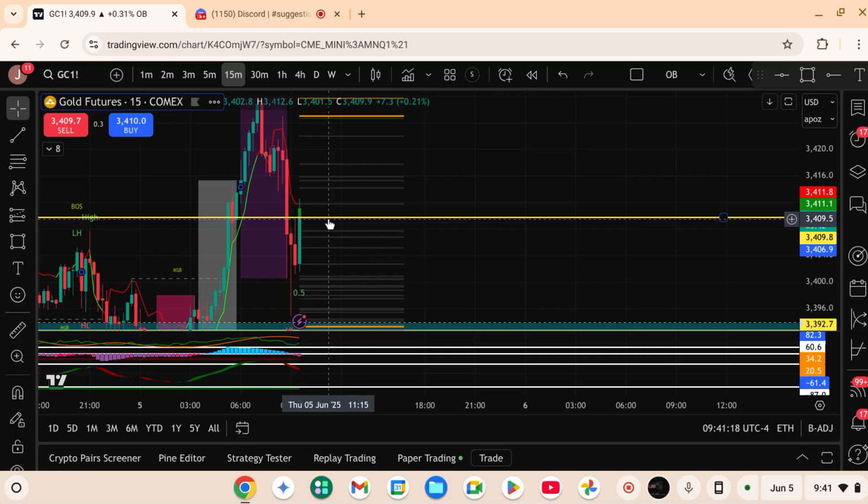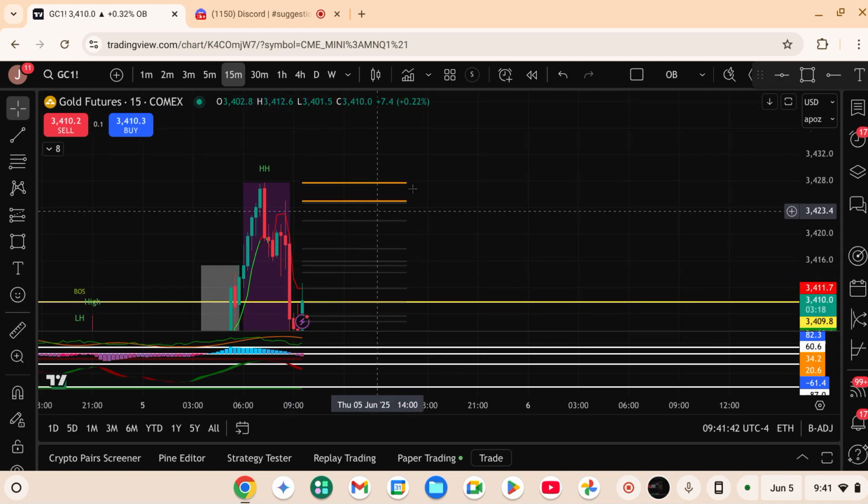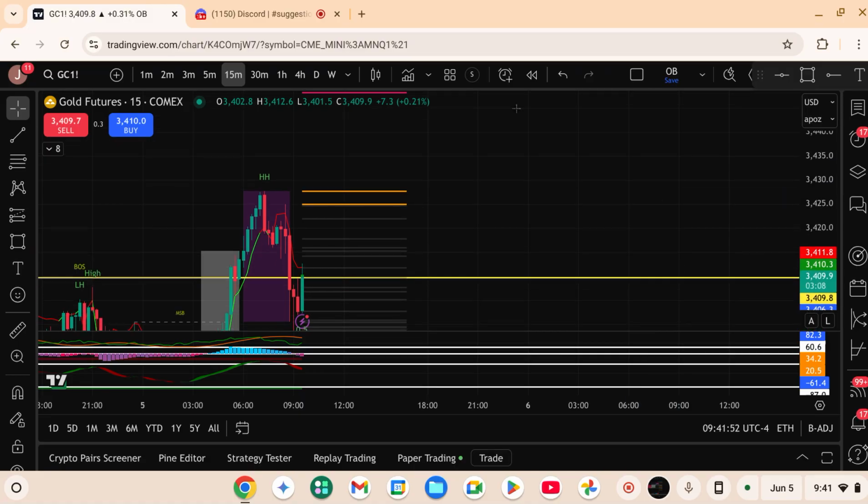This is a key area. That's why look how it's just chopping around here. If a bulk of the body can close here, we would enter on the next candle and we would target, no, because it's probably gonna go higher than that.